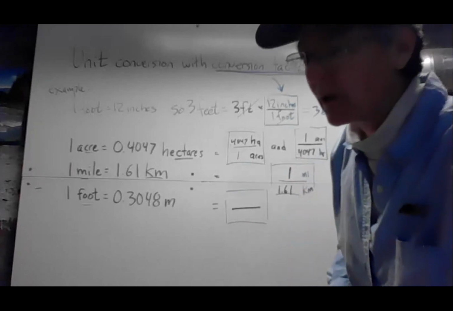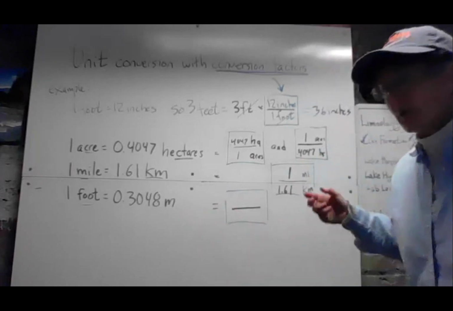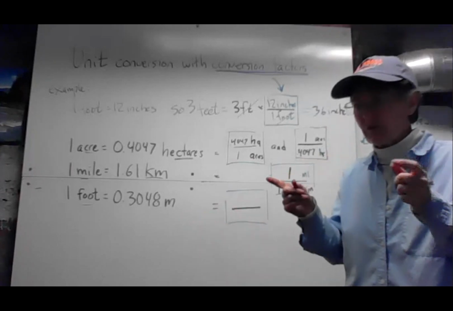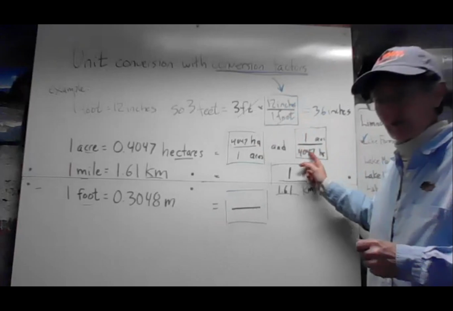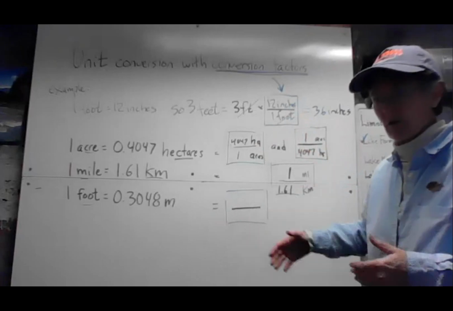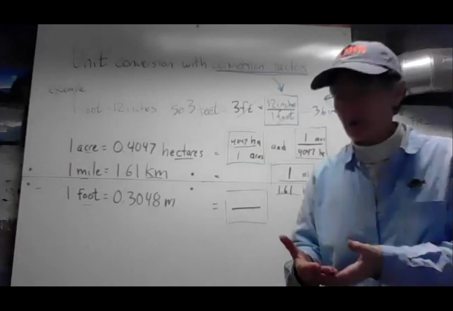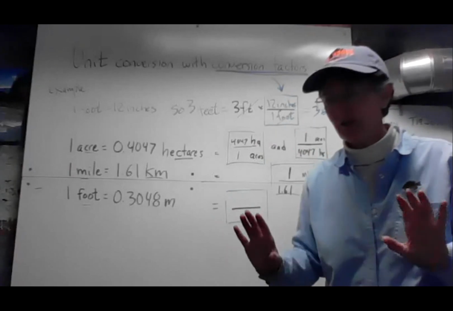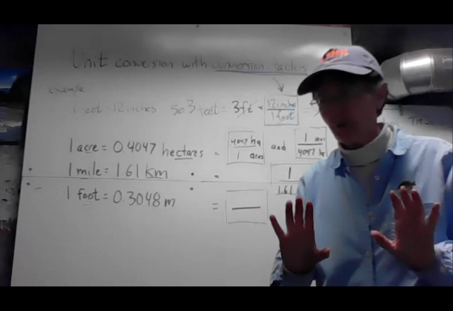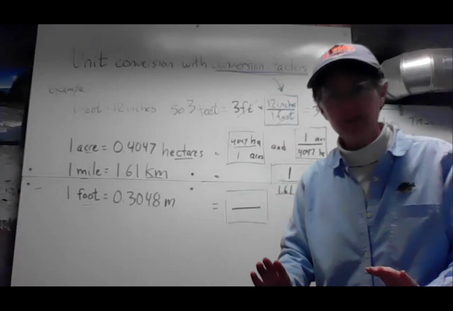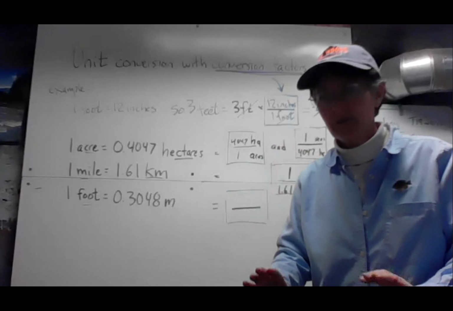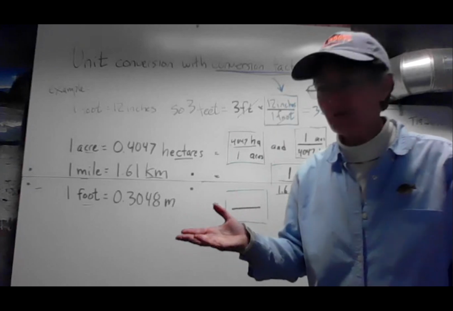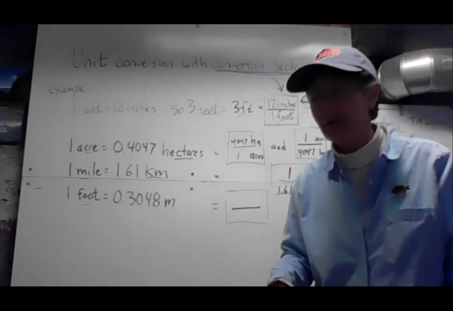So when I say conversion factor, these are conversion factors. When you convert from one set of units to the other, you should always include units in any calculation, at every step of a calculation. They don't do that in math class, because in math class they don't have units, right?